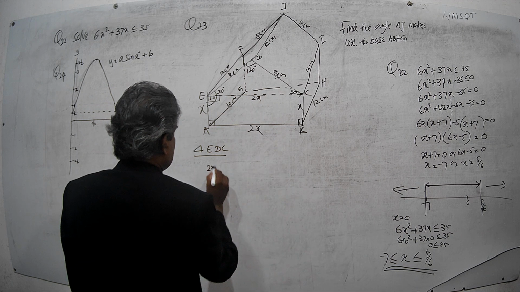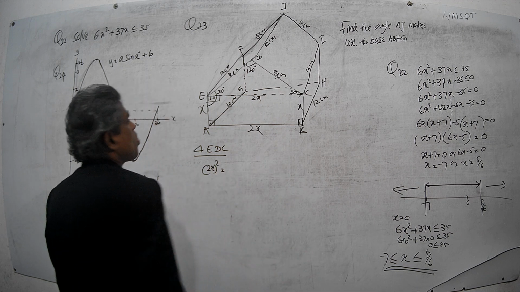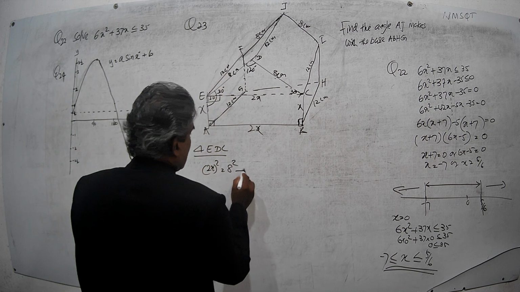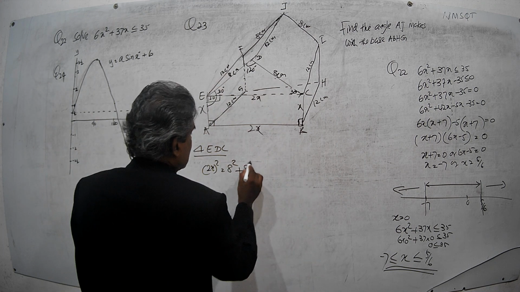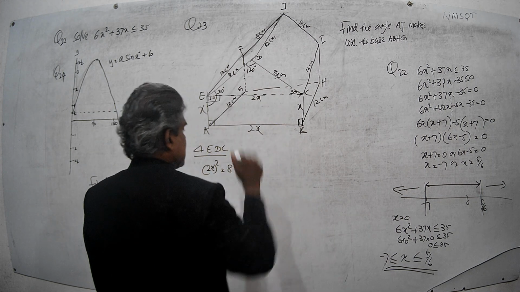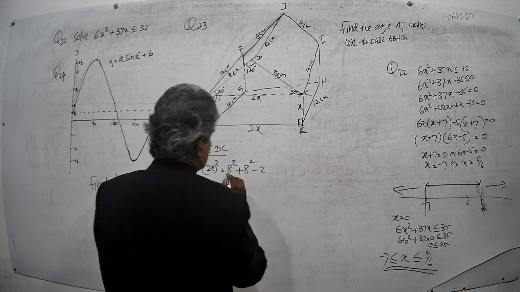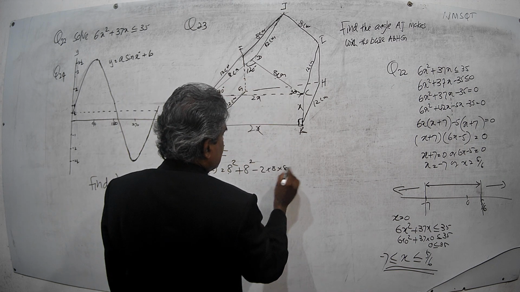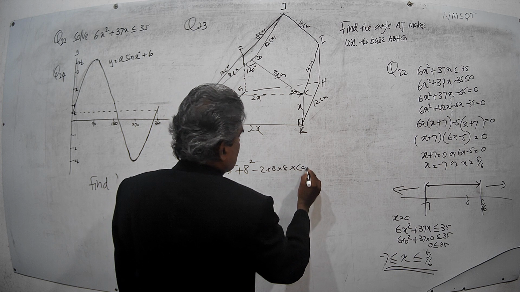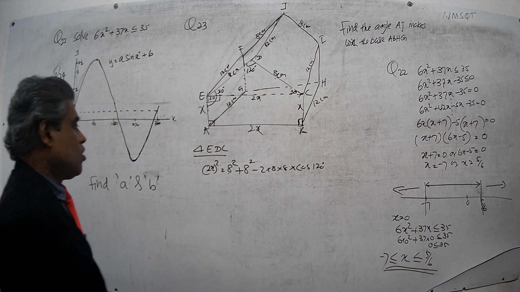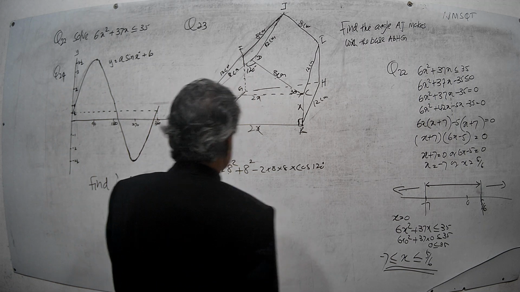Therefore write 2x squared equals this side squared plus this side squared. They are the two sides of this angle 120. Then we use that 120, minus 2 into 8 into 8 into cos 120.